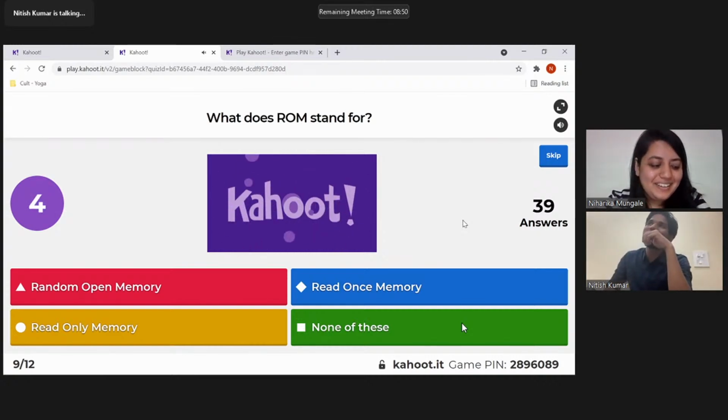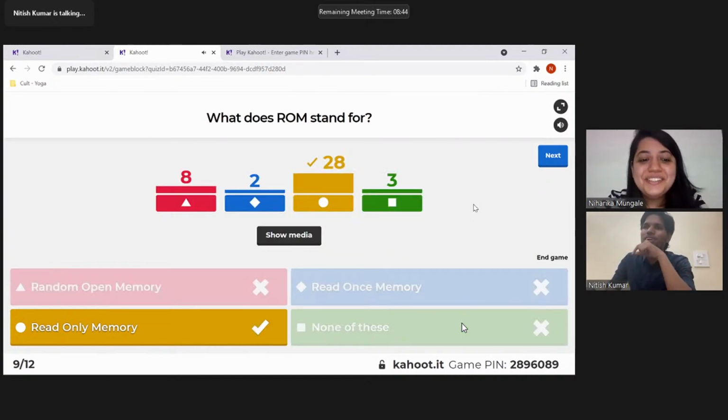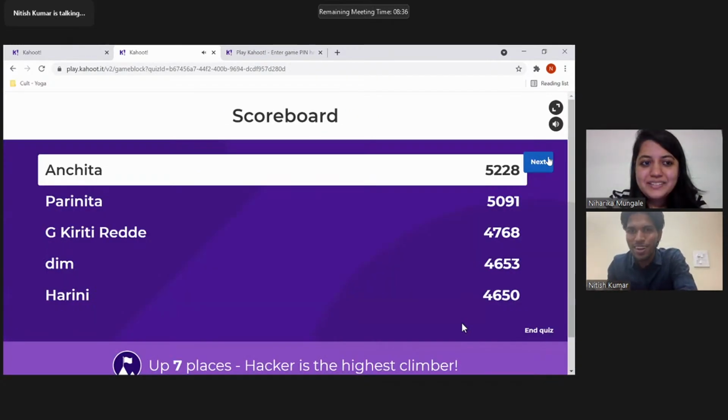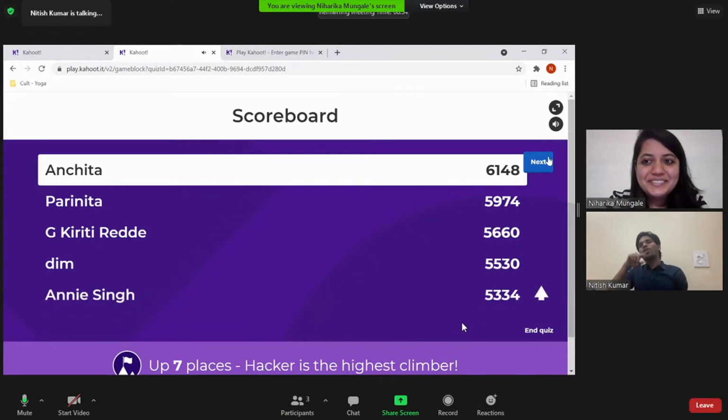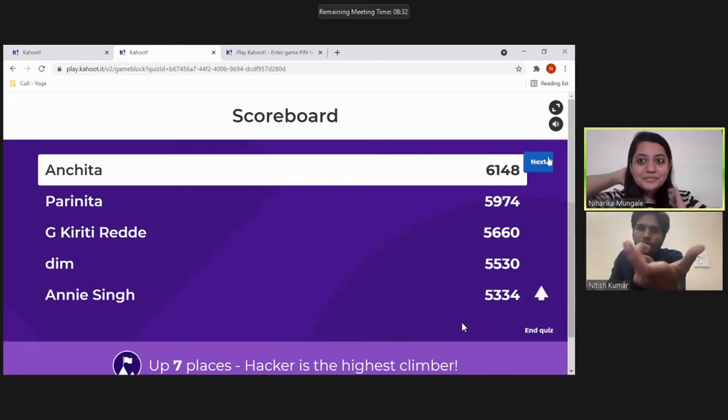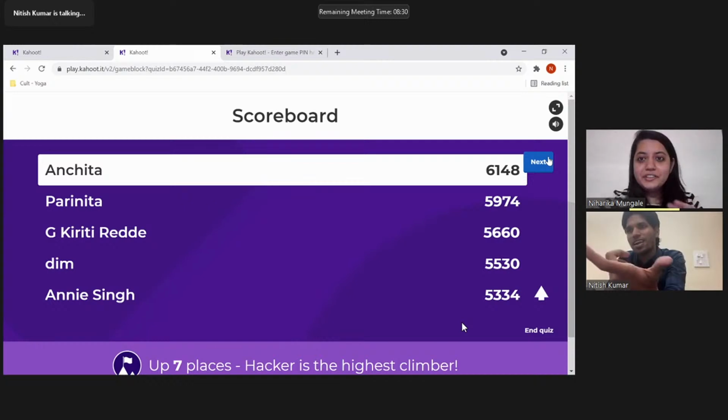I'm trying to remember which initials came first. ROM is read-only memory. Let us start with the three types. There's programmable read-only memory.